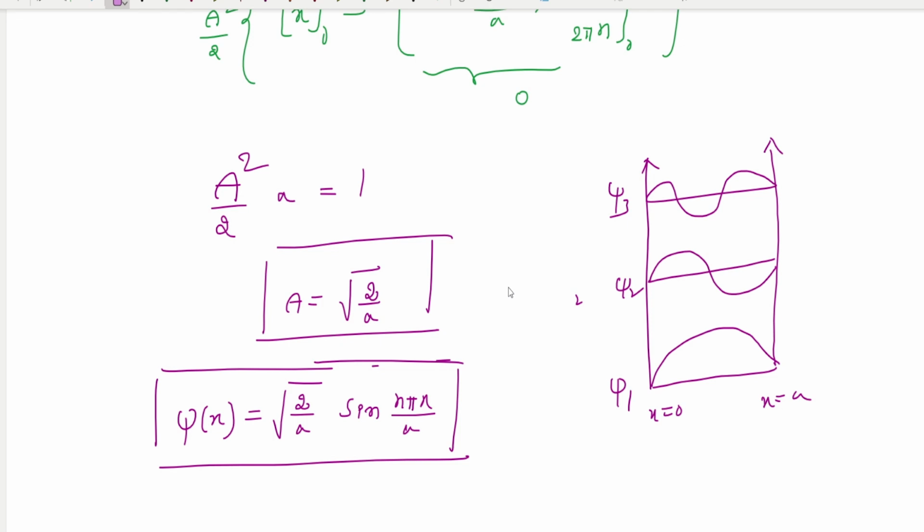So it is evident that psi 1 has two nodes, x equal to 0 and x equal to a. Also a divided by 2, this one is a divided by 2, right in the middle.